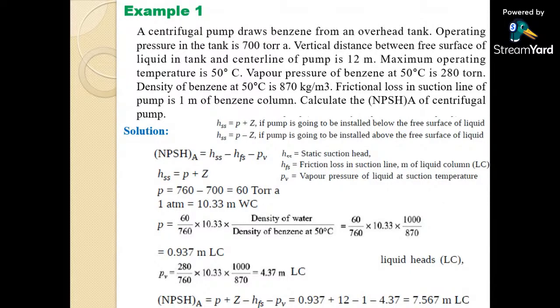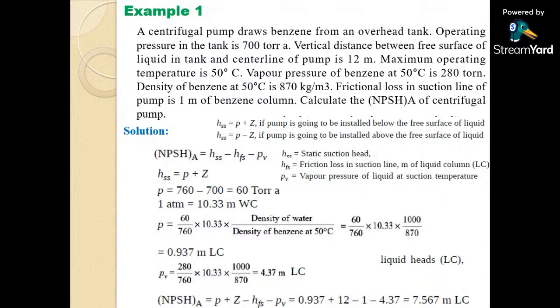In the suction line it is written as HFS, and in the discharge line it will be HFD, minus the vapor pressure of the liquid, PV. So this is a very simple formula we have already discussed in the last session: HSS minus HFS minus PV.